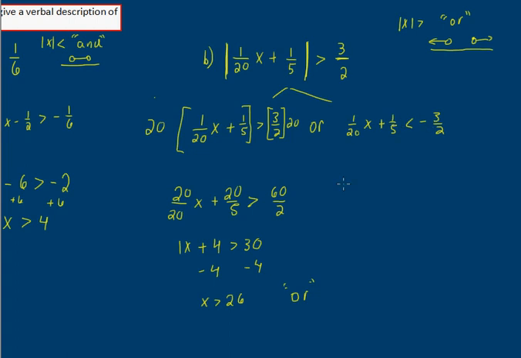If I multiply everything through by 20, I have 20 over 20x plus 20 over 5 is less than 20 times 3, which is still 60, but this is negative 60 over 2. Everything stays the same except I have x plus 4 is less than negative 30. And if I subtract 4 from both sides, this time I'll have x is less than negative 34. So x is greater than 26, or x is less than negative 34.